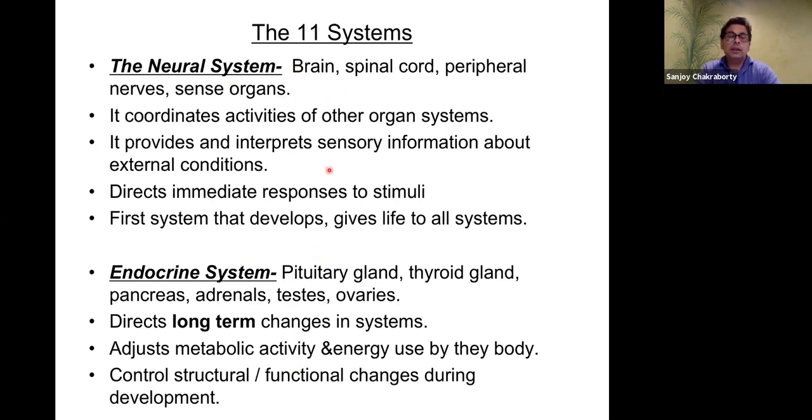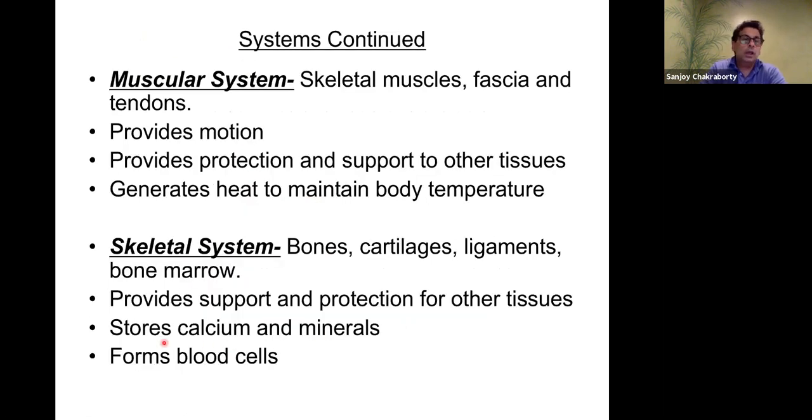I would like you to write down all the 11 organ system names in one place and memorize them, but read the details once or twice just to get an idea. I'm not going to ask a question like, what is this? Or, what are long-term changes right now? Or, what is the function of the skeletal system?